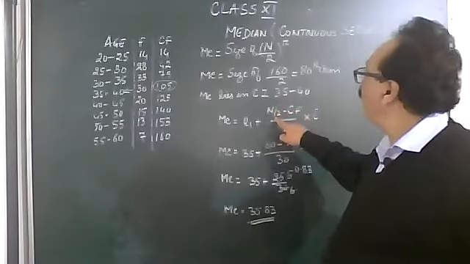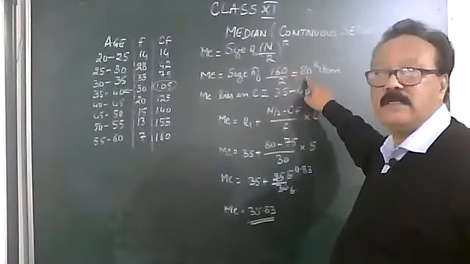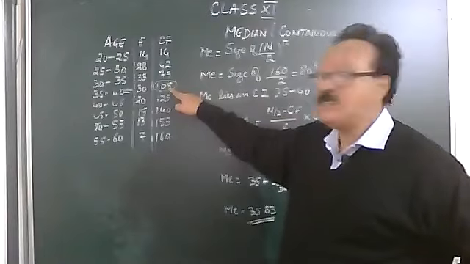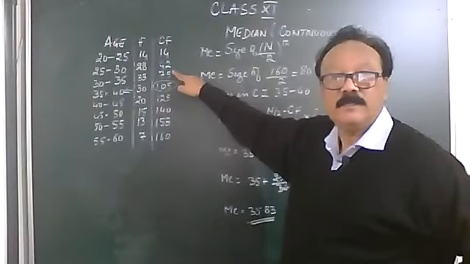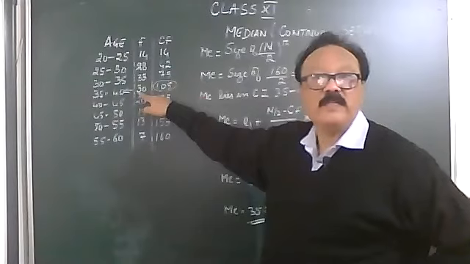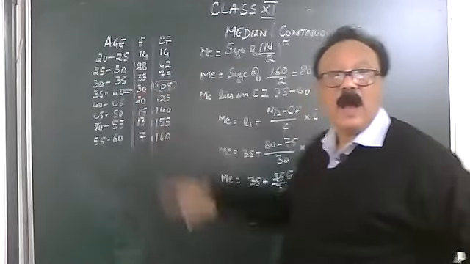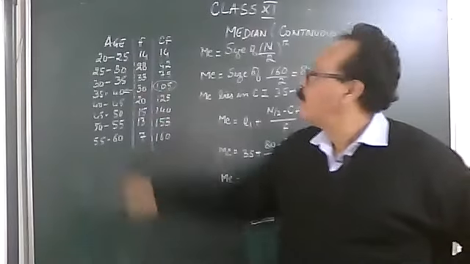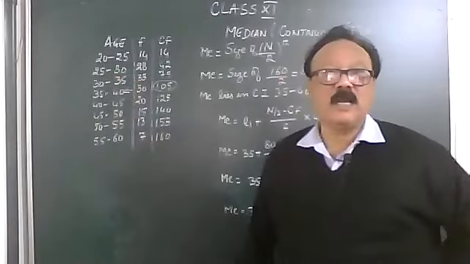N by 2 is already what we have calculated, 80. CF, when you have circled, is the one above that. And frequency F is the one in front of it or at the side of it. I stands for the class interval. 20 to 25, 25 to 30. What is the class interval?